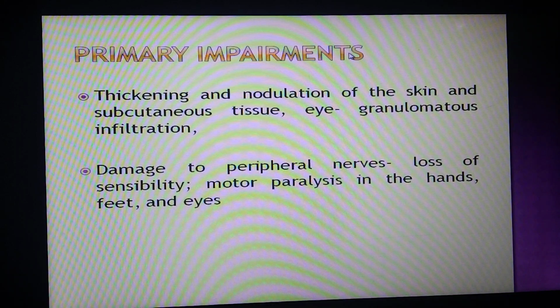The primary impairments were thickening and nodulation of the skin and subcutaneous tissues, i.e. granulomatous infiltration. Later we have damage to peripheral nerves, called loss of sensibility and motor paralysis, in the hands, on the feet, and on the eyes.